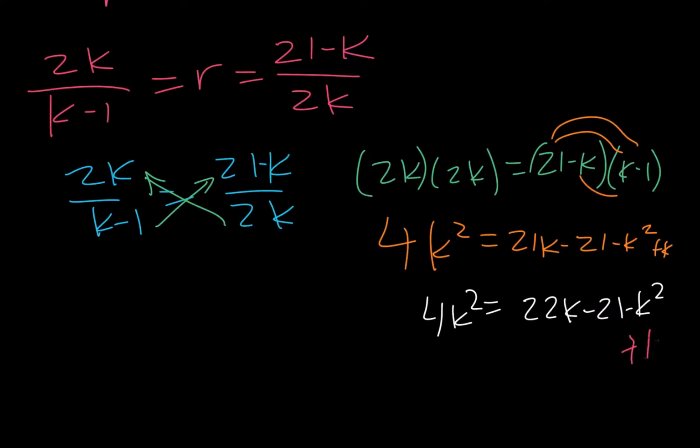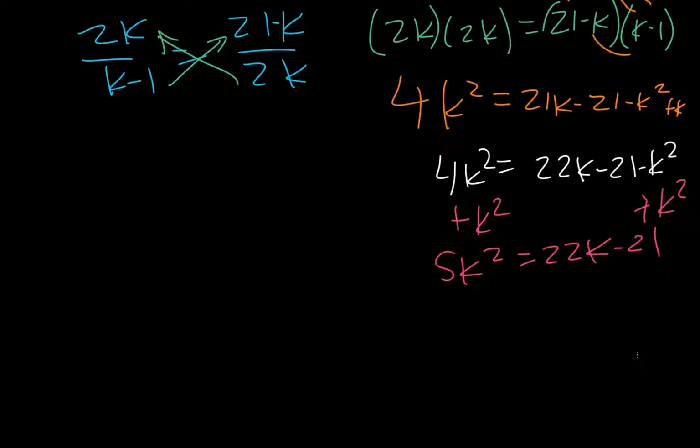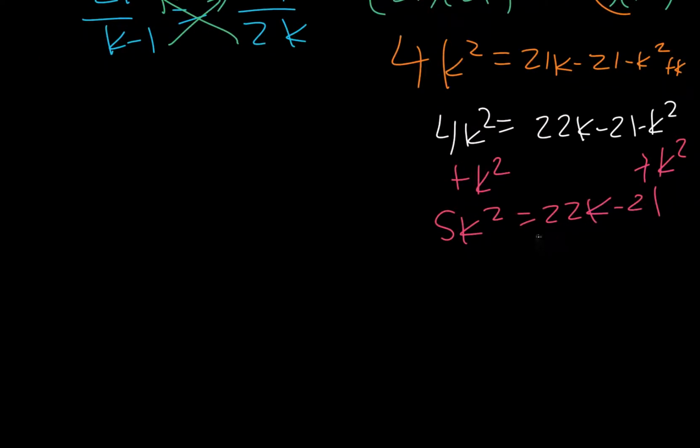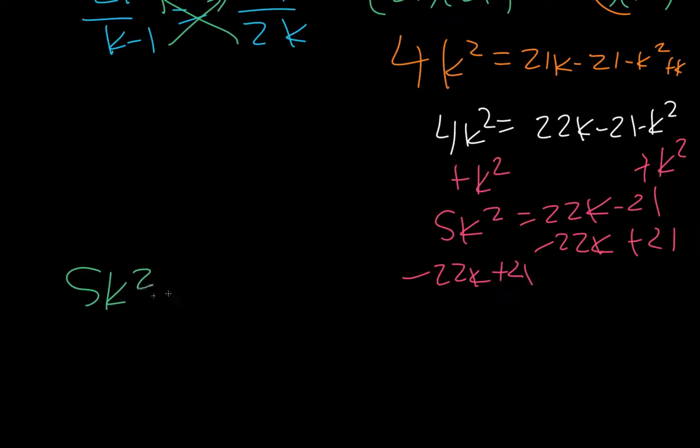So we're going to add k squared. So we get 5k squared equals 22k minus 21. Then we need to move everything over here. So minus 22k plus 21 minus 22k plus 21. And so we end up with 5k squared minus 22k plus 21 equals 0.